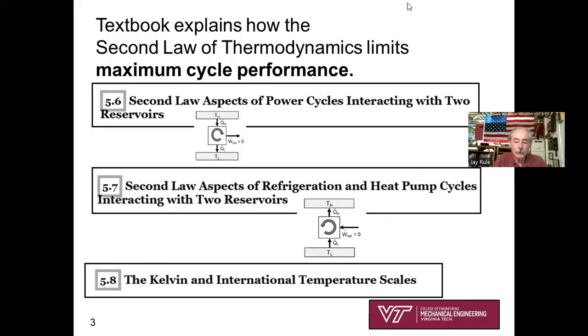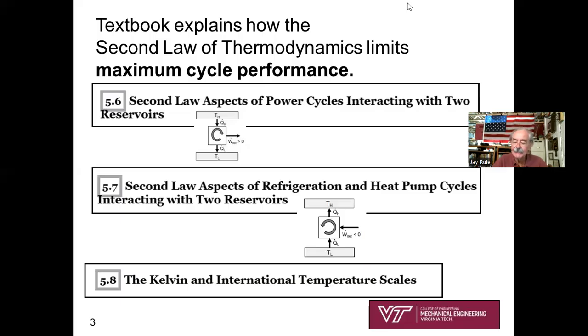Now, rather than droning on and on in a video, I do want to recommend that you at least browse these sections in your book. If you have time, please read sections 5.6, 5.7, and 5.8. Section 5.6 has to do with second law aspects, so that must have something to do with what's reversible and irreversible in power cycles. 5.7 has the same idea with refrigeration and heat pump cycles.